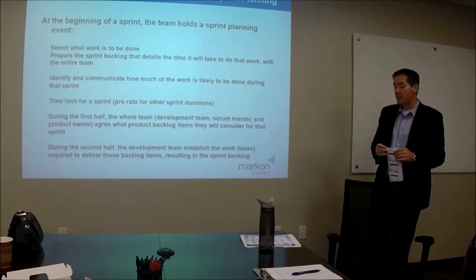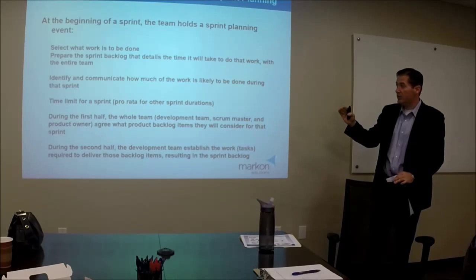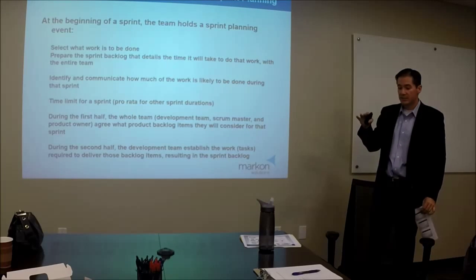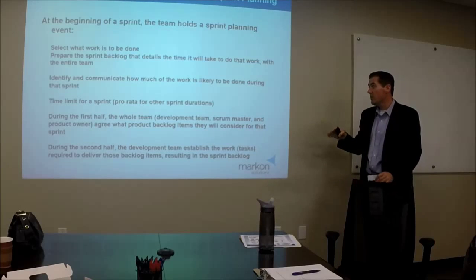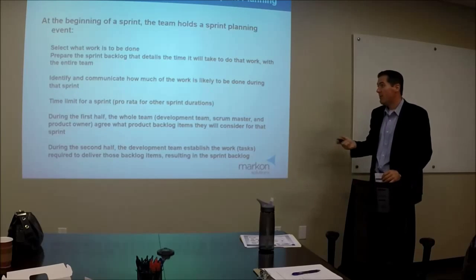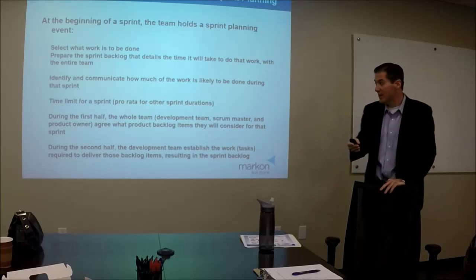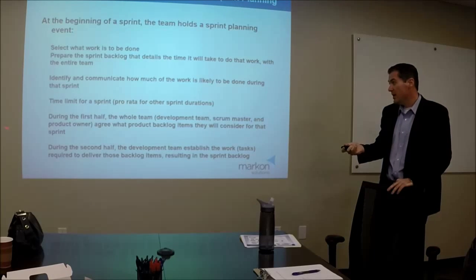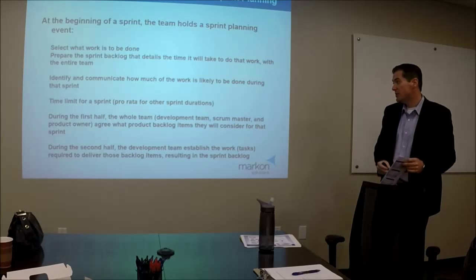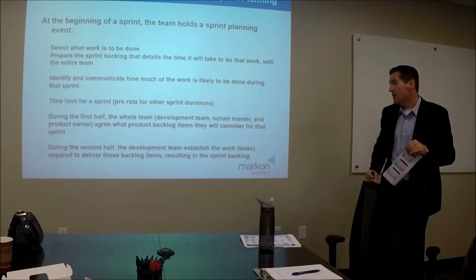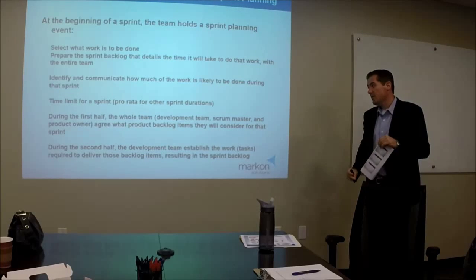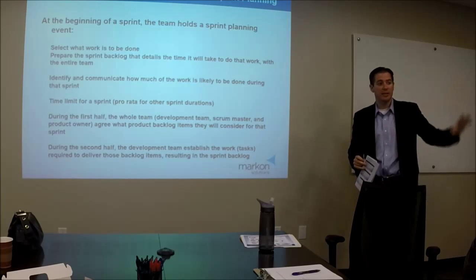So that sprint backlog says, this is what we're going to do, this is how long it's going to take, and this is when we're going to demo for you. You say how much work you think it is. Typically the team decides a deadline, or when the sprint review will be, the time limit for the sprints. During the first half of this meeting, the whole team says, okay, these are the things we're going to get done this sprint.